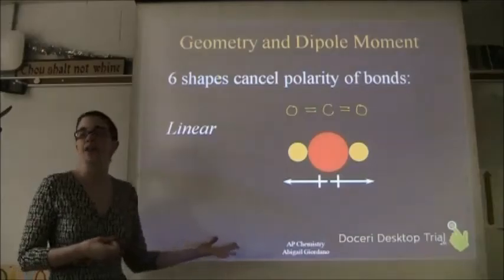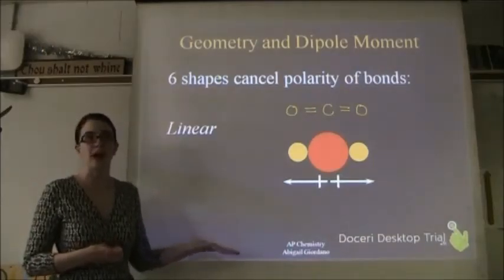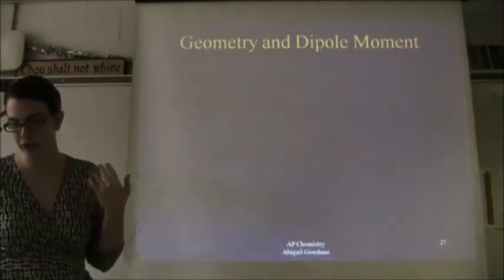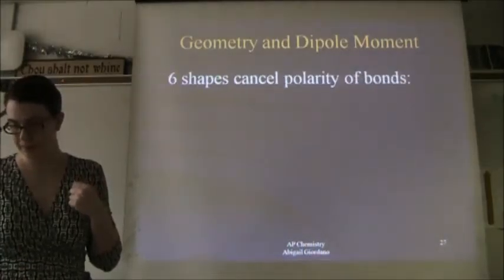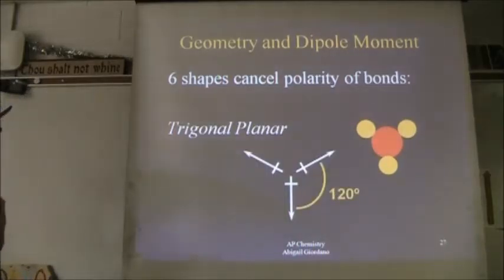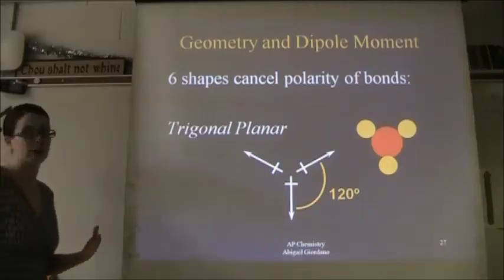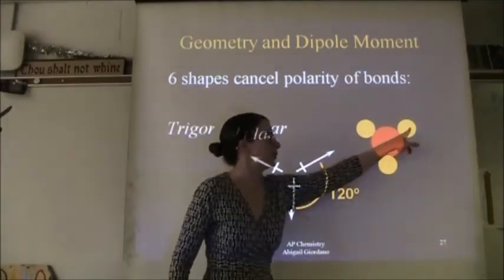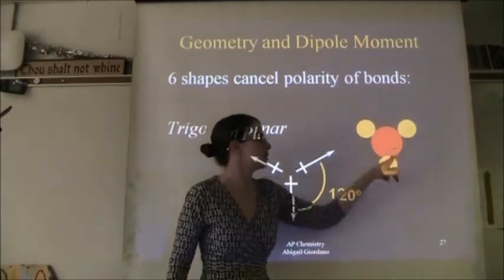And linear is not the only shape that can do that. It's just one of them. Here's another shape that can do that. Should be familiar to you from Chem 1. Trigonal planar is a shape that can do that as well. We've got 3 bonds here. 1, 2, 3.